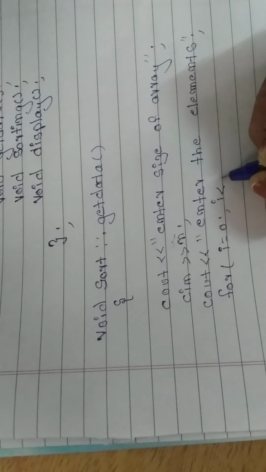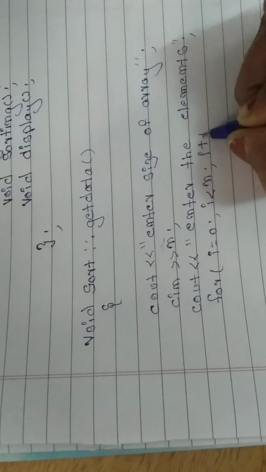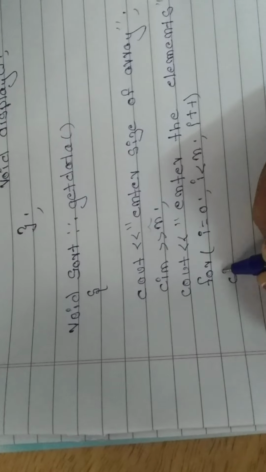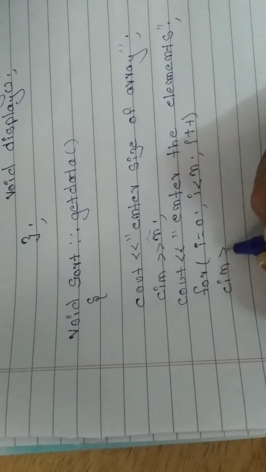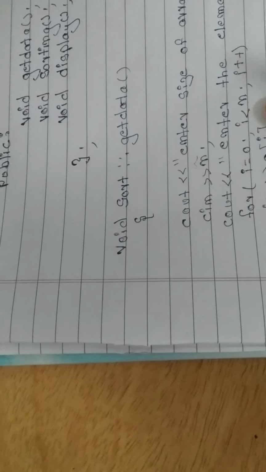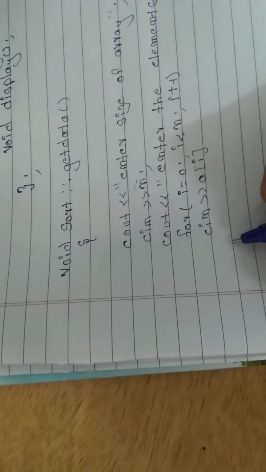In all the programs the for loops are the same. You have to cross-verify where the slight difference is. So for i is equal to 0, i is less than n, cin. We are storing that value in a of i. Here only 2 couts and cins are enough, whereas in previous programs we used many couts and cins.